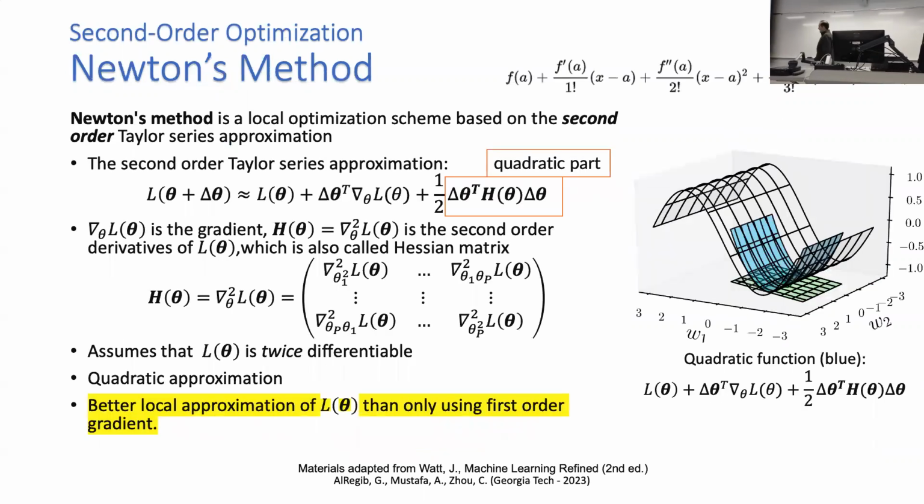If you could replace this green one with the blue one, which takes the shape of the space at that point, then when you move across that blue space, you have a much better approximation of what's really happening in the space itself. That's where the second order or Newton's methods come into the picture.